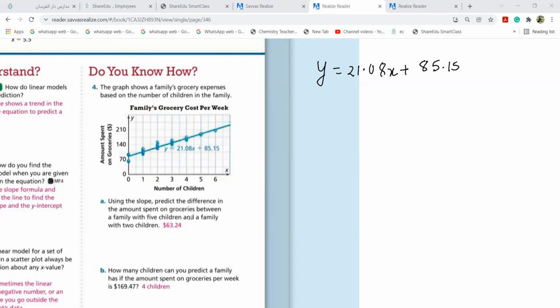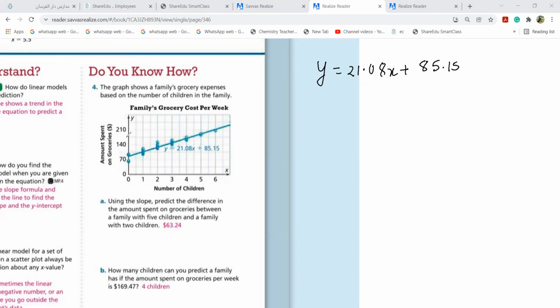So what is 5 minus 2, girls? The amount, once again. Using the slope, predict the difference in the amount spent on the groceries between a family with 5 children and 2 children. With 5 children, how much is it?